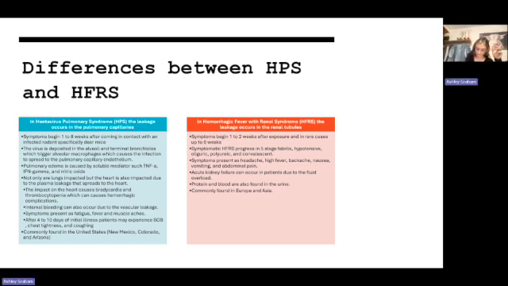Very rare though. Symptomatic HFRS progresses in 5 stages: the febrile stage, hypotensive stage, oliguric, polyuric, and convalescent.